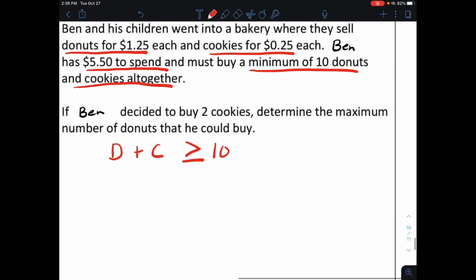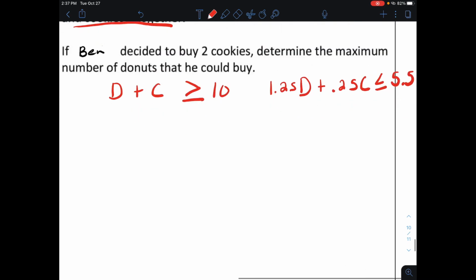So a donut costs $1.25, so 1.25D, plus 0.25 times C is going to be my cost. Now he has a total of $5.50 to spend, so that would have to be less than or equal to 5.5.